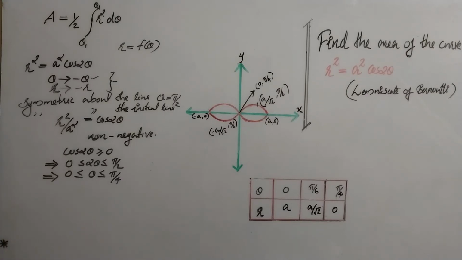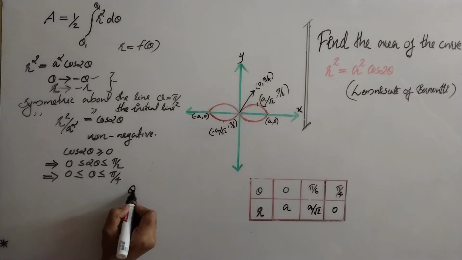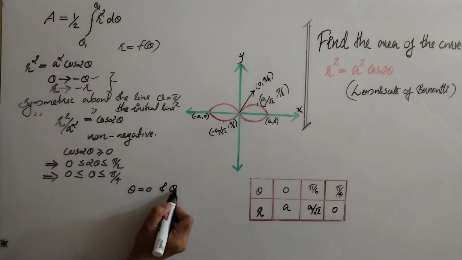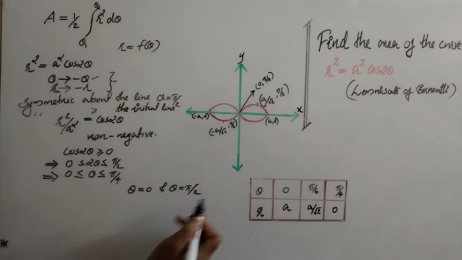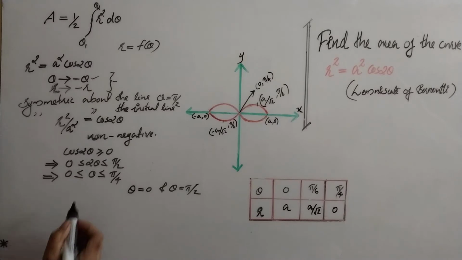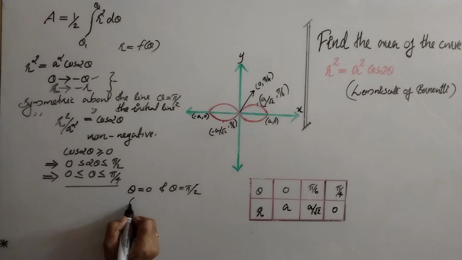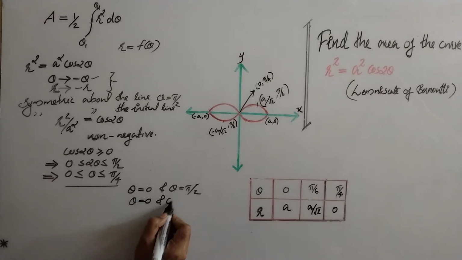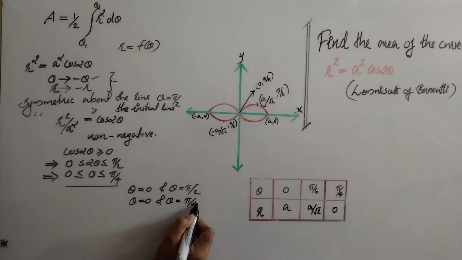Hence, in the region theta is equal to 0 and theta is equal to pi by 2, the curve has real portion between theta is equal to 0 and theta is equal to pi by 4. The curve has real portion from theta is equal to 0 and theta is equal to pi by 4, and no real parts between theta is equal to pi by 4 and theta is equal to pi by 2.